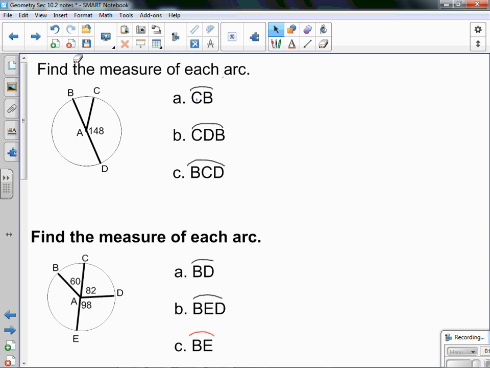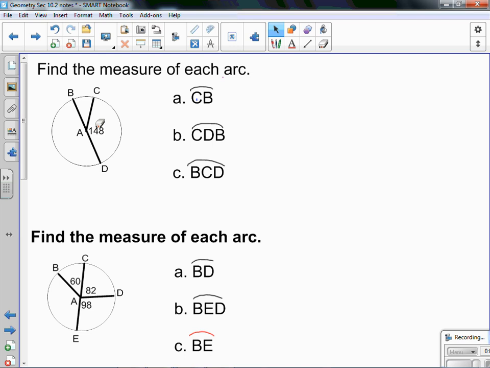All right, so here we want to find the measure of each arc. First off, I want to find the measure of arc CB, and the only number they've given us is that the central angle CD is 148 degrees.